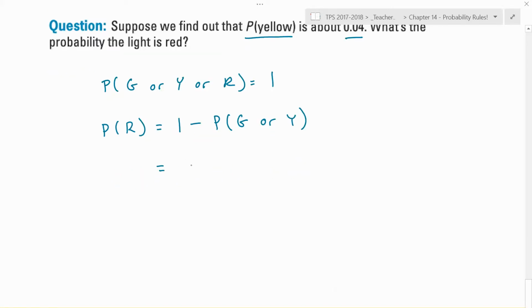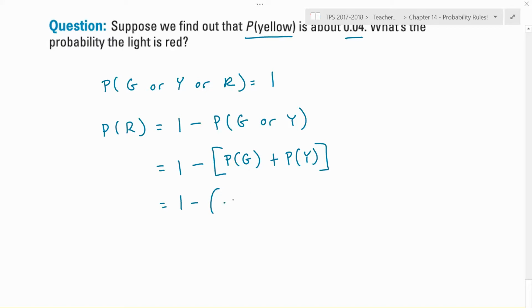Okay, so then let's fill in the things we know. I'm still going to have my 1 minus, and then I'm going to put larger parentheses around this, and I'm going to write out every single step. I need to find the probability that the light is green or yellow. I'm using my addition rule for mutually exclusive events, so I'm going to be adding those probabilities and then subtracting from 1.